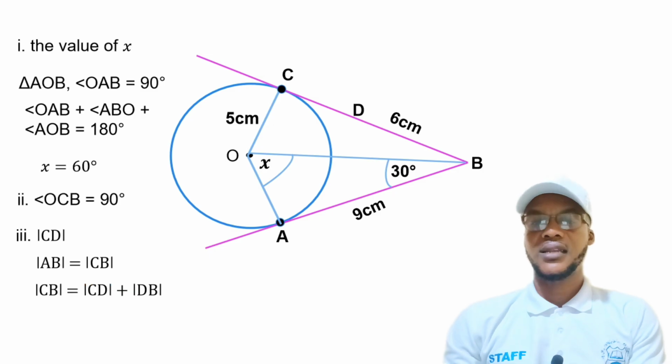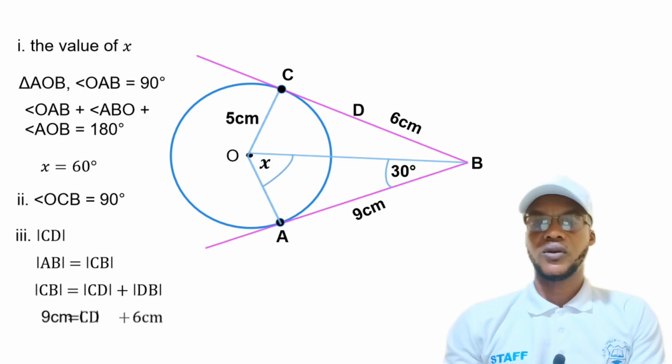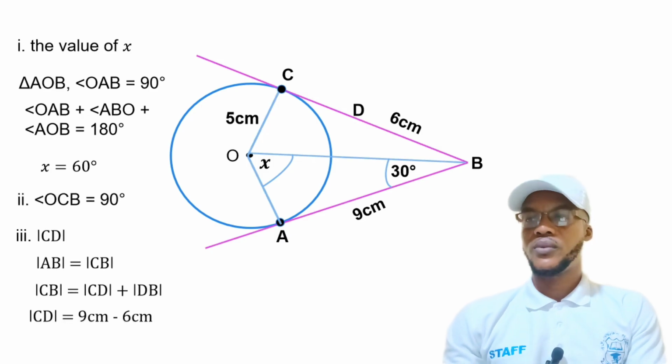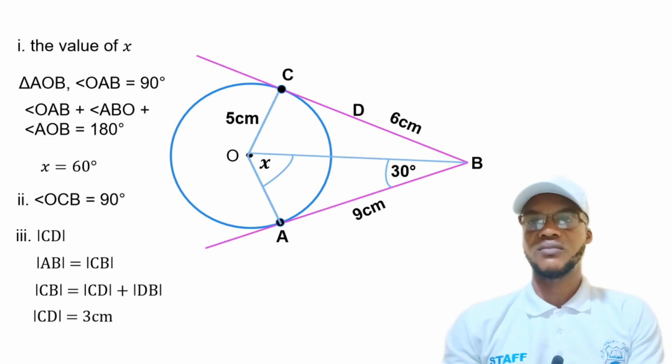The length of CB should be equal to the length of CD plus the length of DB. Since we are given DB as 6, and we don't know CD, we can substitute our values and then group like terms. So we find CD as 3 centimeters. Yes, 3 centimeters. So very, very simple.